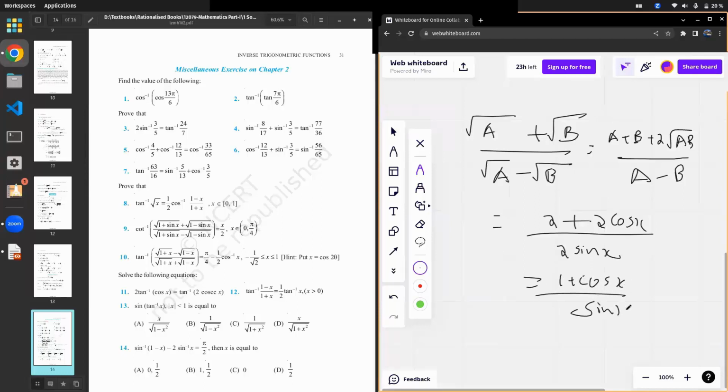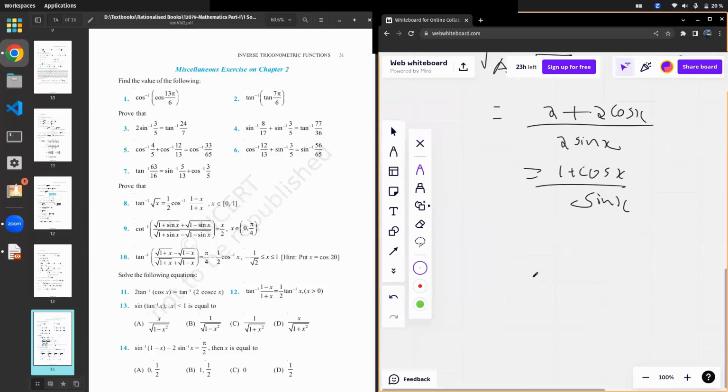So we have to find the cot inverse value of this term, 1 plus cos x divided by sin x. We can simplify it by writing cos x and sin x in terms of x by 2. The numerator: we know that cos x is equal to 2 cos square x by 2 minus 1.